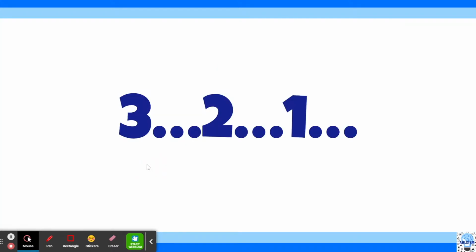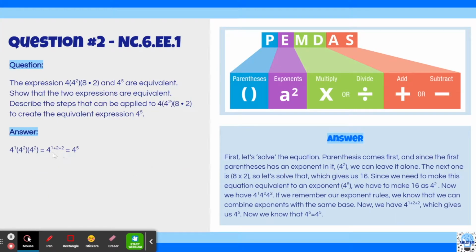Ready? 3, 2, 1. Here is our rewritten expression, which is 4 times 4 squared times 4 squared, which equals 4 to the 5th. You can read through the answer box, or you can just listen to me say it. 4 is equal to 4 to the 1st.